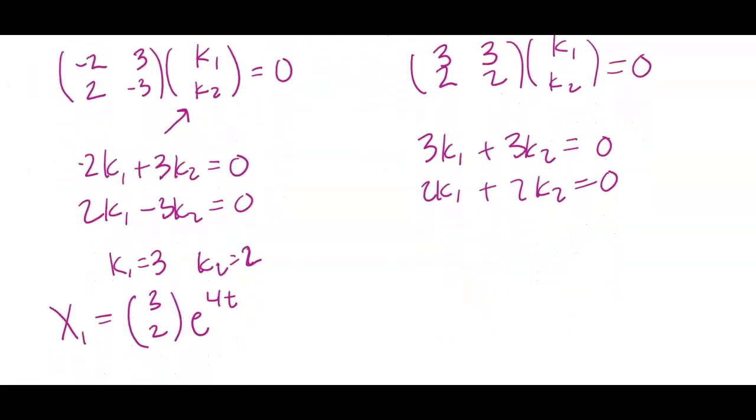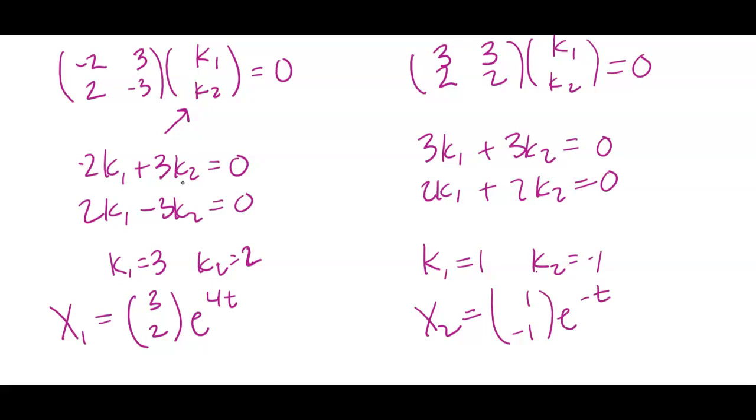That's only true if k1 and k2 are the same number, where one is positive and one is negative. You can make them anything you want, so let's make them the easiest possible, 1 and negative 1. So our x2 is 1, negative 1, e to the negative t.